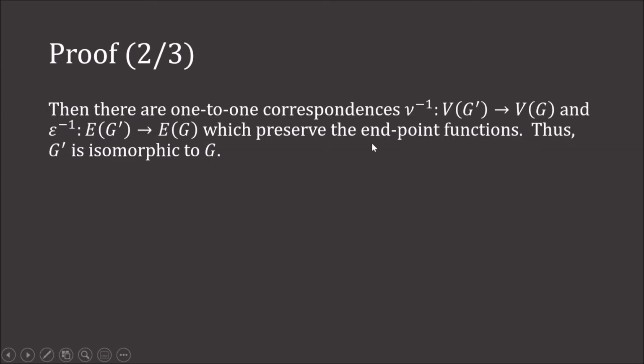Well, then there are one-to-one correspondences, nu inverse from V of G prime to V of G, and epsilon inverse from E of G prime to E of G, which preserve the edge endpoint functions.